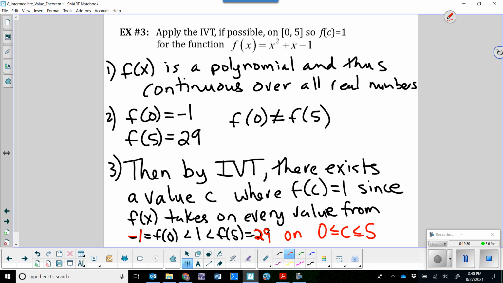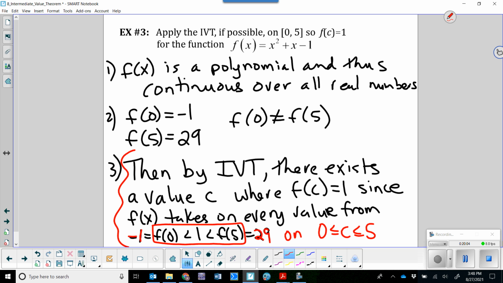So this is the statement that we're going to memorize, this is how I apply the intermediate value theorem, okay? So I'm just going to say, by the intermediate value theorem, there exists a value c where f of c equals 1 since f of x takes on every value from, and like I said, I like to say you're technically saying from f of 0, f of 0 less than 1 less than f of 5, but I think it's better to go ahead and put what the two values are.